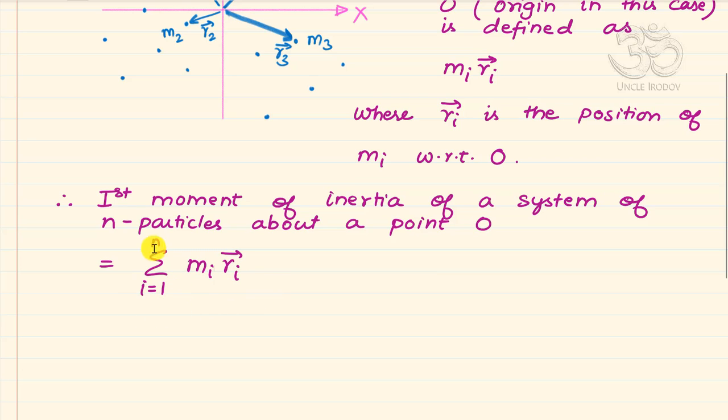So please keep in mind that when we define the first moment of inertia of a system of n particles about a point, the answer is expected to be a vector. It is a sum of these individual vectors, where it will be m1 r1 for the first particle, m2 r2 for the second particle, m3 r3 for the third particle, and so on.